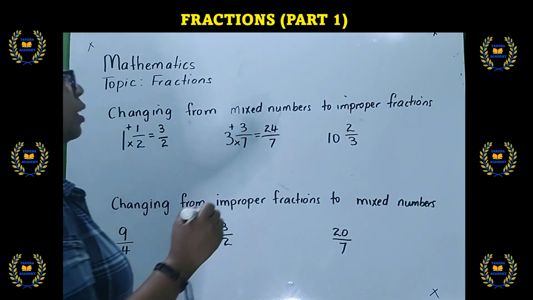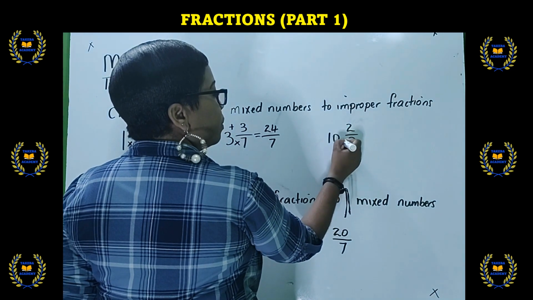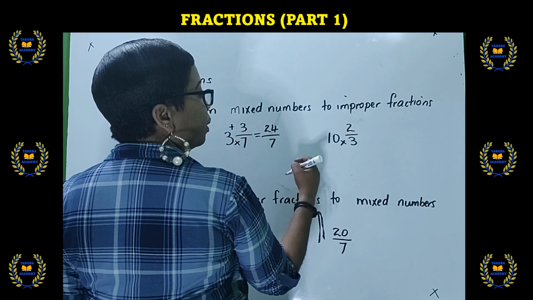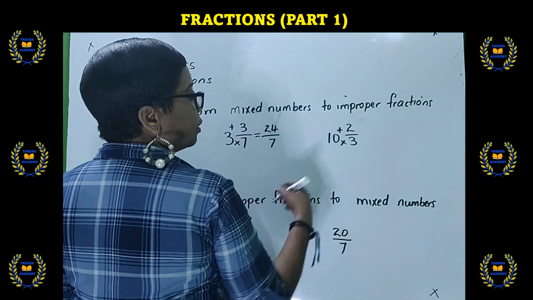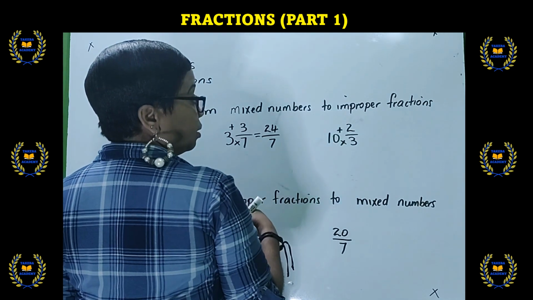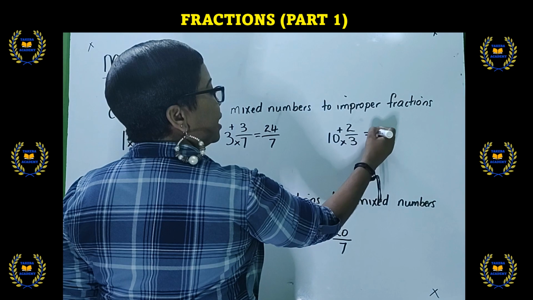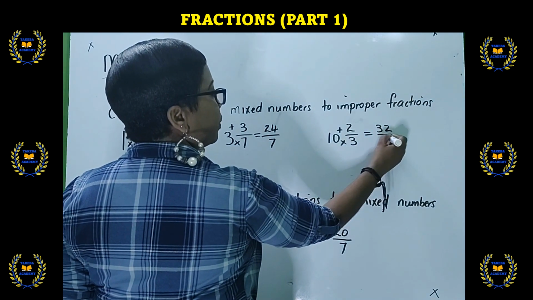Let's work our final example. So we're going to multiply the denominator by the whole number, and then we're going to add our numerator. So 3 times 10 is 30. 30 plus 2 is 32. That goes over the denominator.